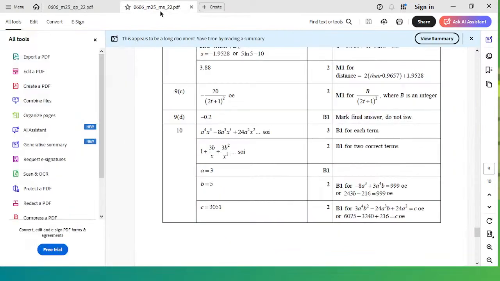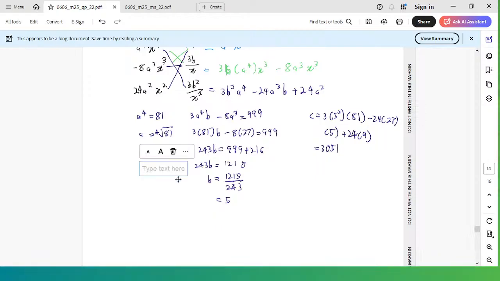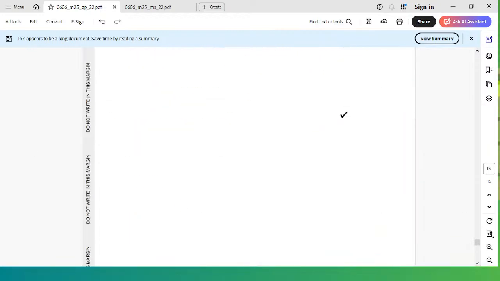Then you get B1 here, you get an M1 A1 here, and you get an M1 A1 here. And you score 10 marks very comfortably over here.